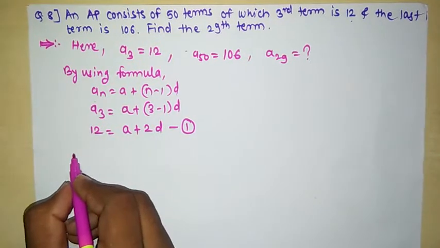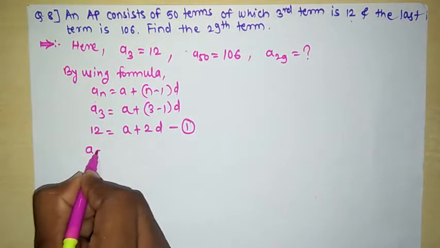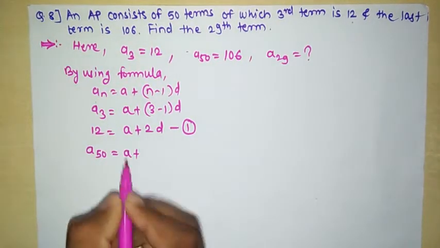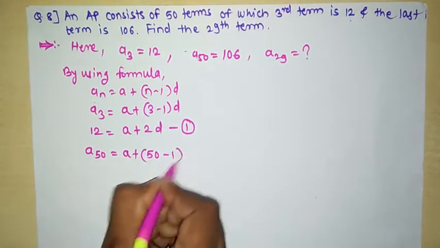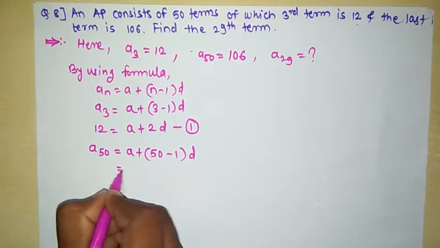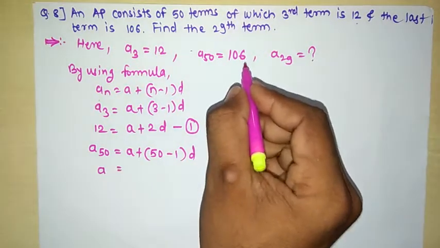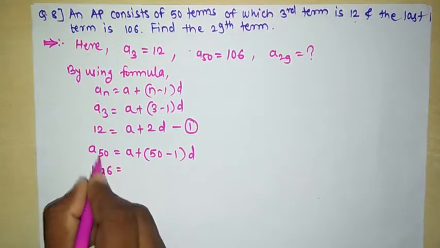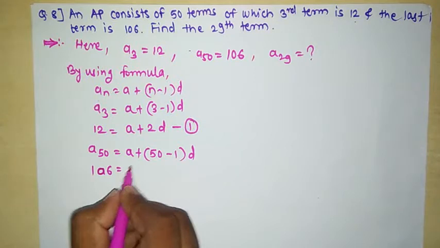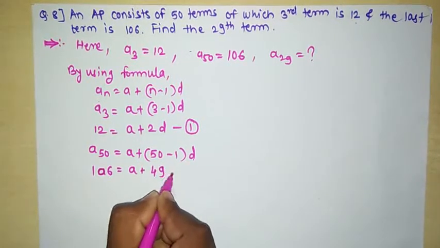Now we will apply the same formula for the 50th term, that is a50 is equal to a plus, instead of n we write 50 minus 1 into d. The value of a50 is given as 106. So 106 is equal to a plus 49 into d.